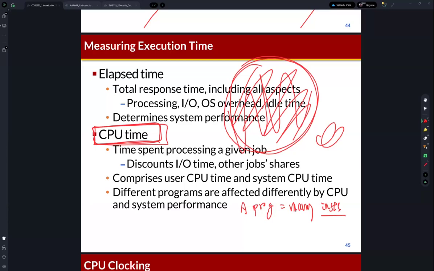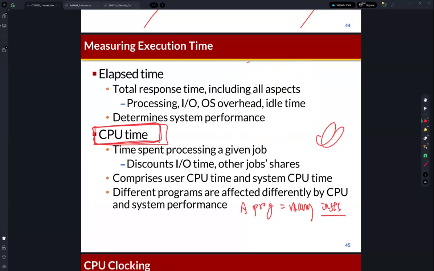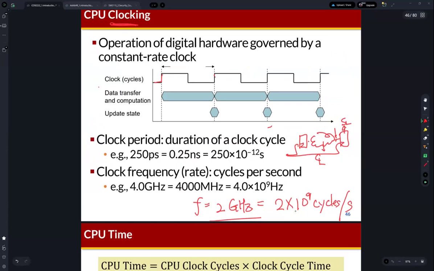And usually, it's not true, but usually we assume a CPU can execute one instruction per clock cycle. So what does that mean? If the clock frequency is high, it means there are more clock cycles per unit time. It means the CPU can execute more instructions.